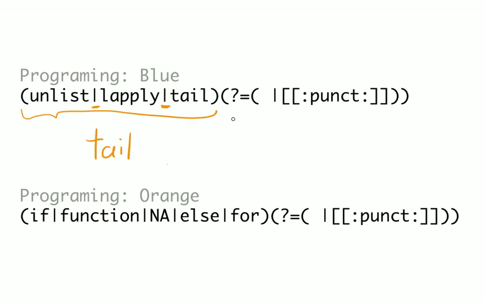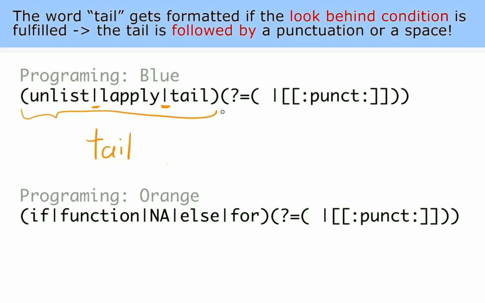However, there's another expression that needs to be fulfilled to get this formatting. And this is the expression over here. The whole thing is a look behind. So we need to have something in addition to this word to get the formatting we want. And the expression is the question mark equals then what we want to look for, and we close it again with a bracket.